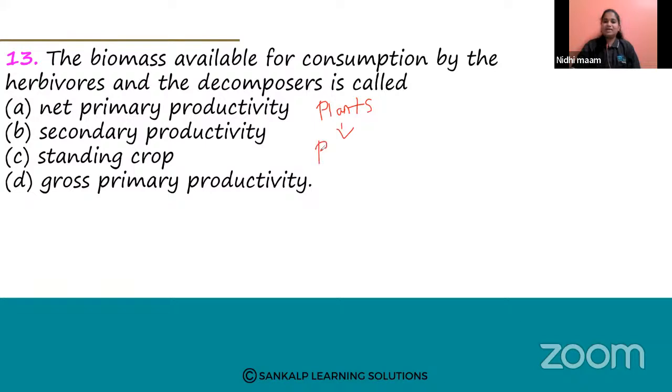These are nothing but the producers. The organic matter produced by the producers is considered as GPP, gross primary productivity, the biomass production during photosynthesis. So the plants are consumed by what? Herbivores. So herbivores are considered as consumers.